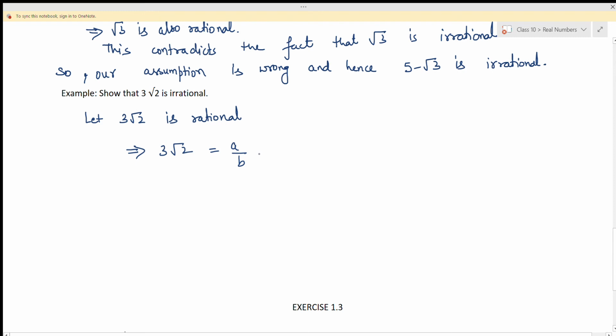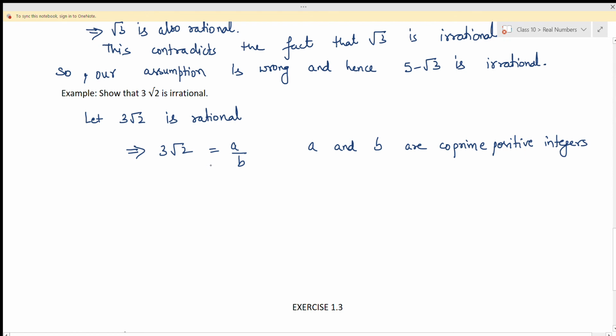where a and b are co-prime positive integers. The same way I'll do this example also. What will I do?